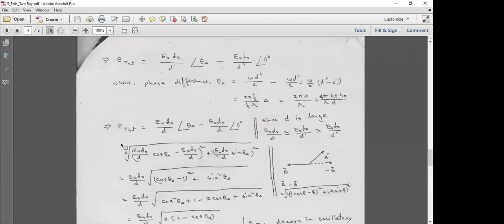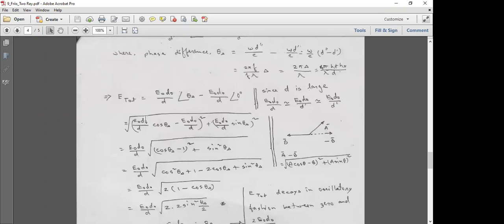So this is what we want to do here. This is our A, and this one is our B. So (A cos theta minus B) whole square plus, sorry, A sin theta, this one, A sin theta whole square.